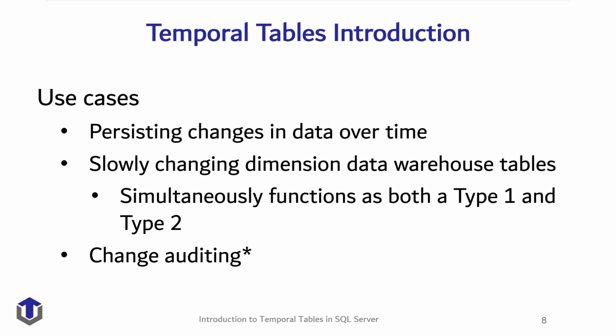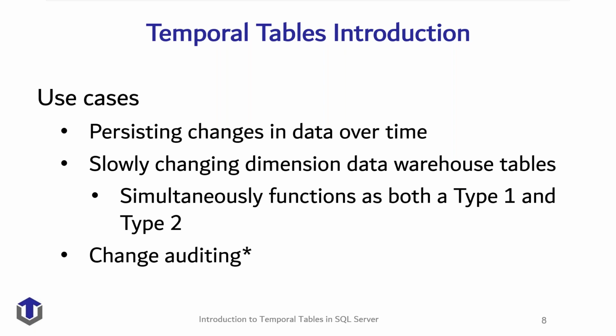One of the advantages here is that for those of you who do or have dealt with data warehouses, a lot of times you have a decision point when you're designing that data warehouse. Do you want to make that a type 1 dimension where you don't store any history, or a type 2 dimension, where you are storing the full history? The good news here is if you use a temporal table for that purpose, you don't necessarily have to make that decision at design time.